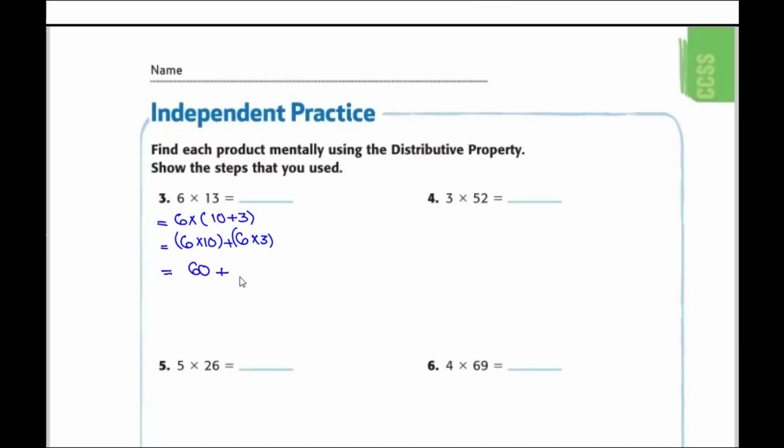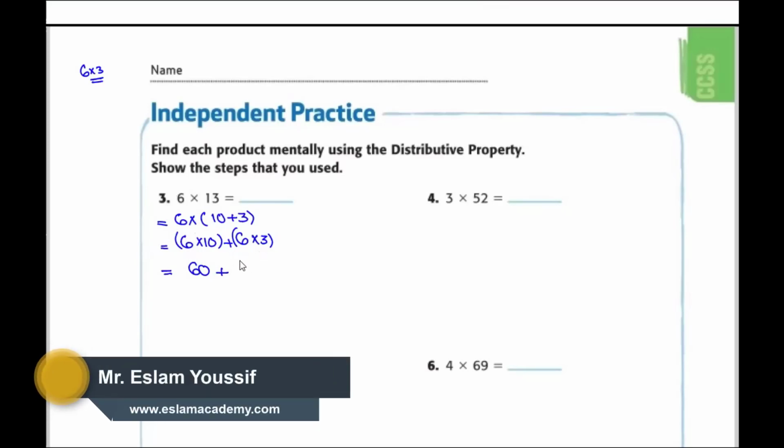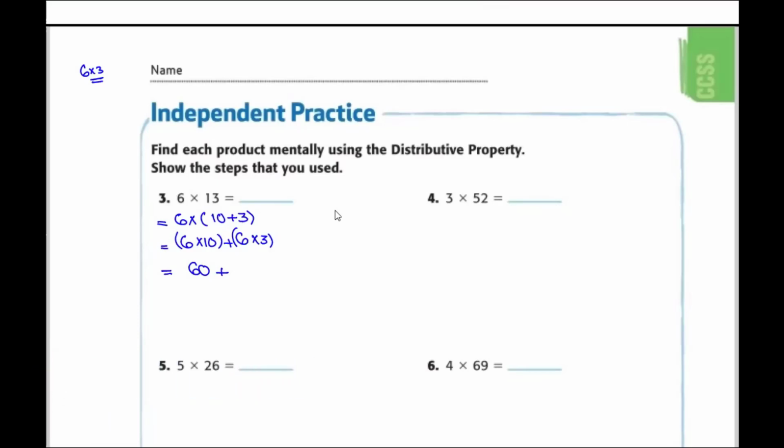Plus 6 multiplied by 3 equals... 6 times 3. 6 times 3 equals 18.